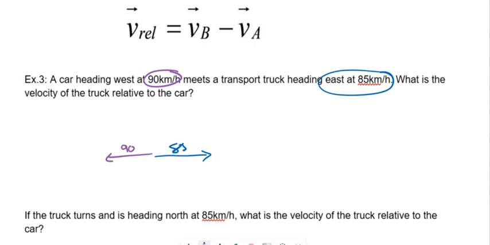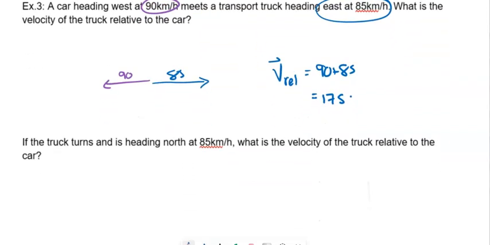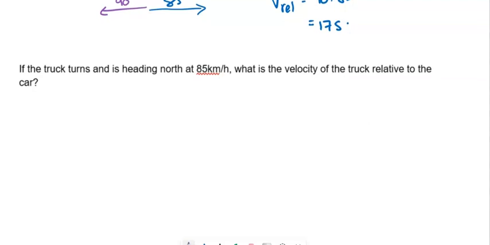And so we're going to add these two up to find the relative velocity: 90 plus 85, or 175. We can also look at an instance where the truck maybe turns. So now the truck has turned and it's heading north at 85 kilometers per hour.